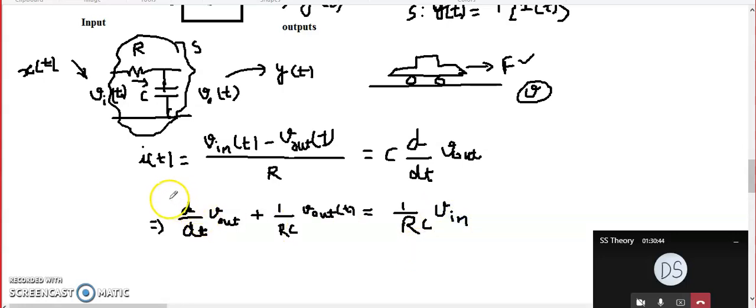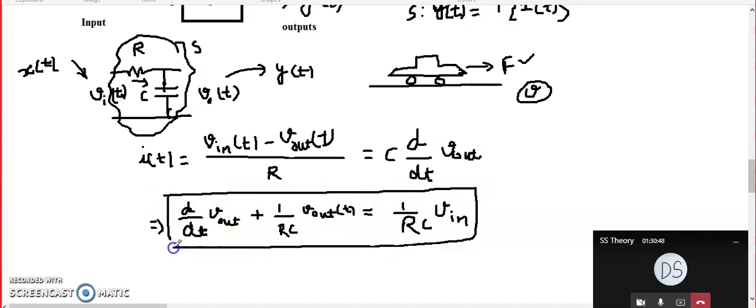Okay, so this kind of equation can be obtained for this system where, if we call the output signal y(t), then dy/dt plus 1/RC y(t) is equal to 1/RC x(t).